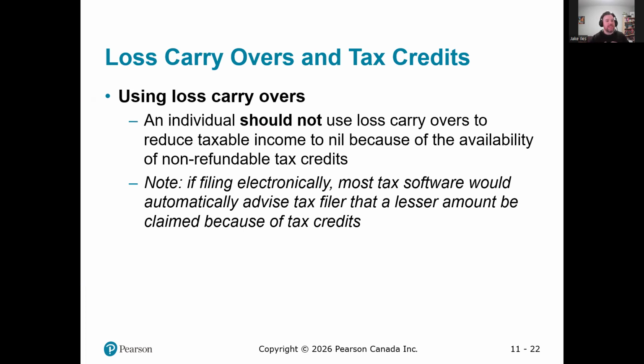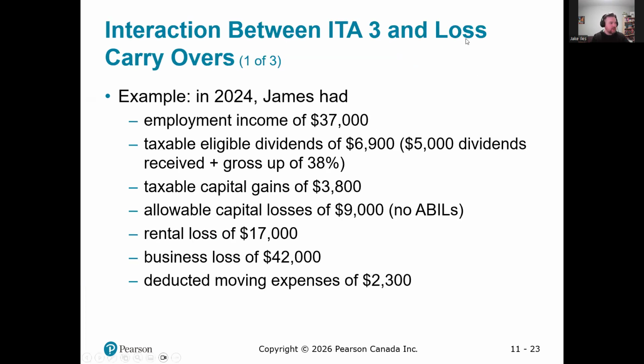So to use these carryovers to the maximum efficiency, we don't need to worry as much about getting our income to zero as much as we want to get our tax liability to zero. If you are using tax software, many will automatically advise filers that a lesser amount can be claimed because of tax credits. So the interaction between Tax Act Section 3 and loss carryovers.